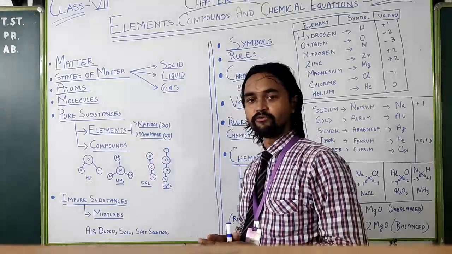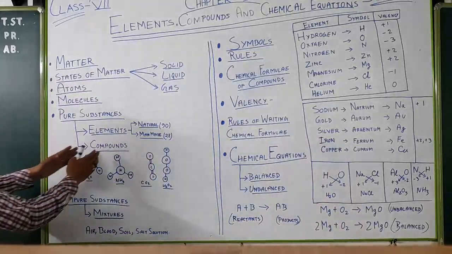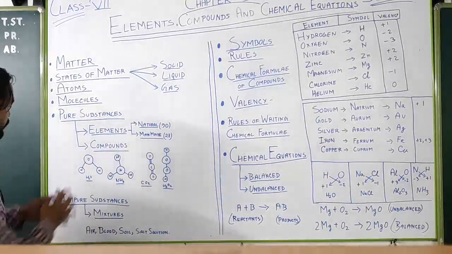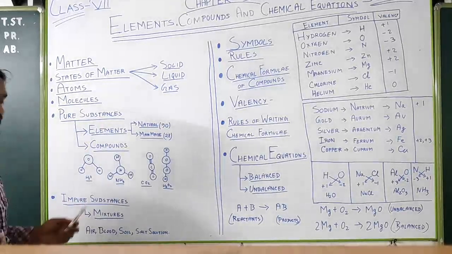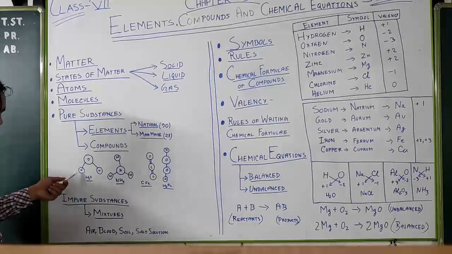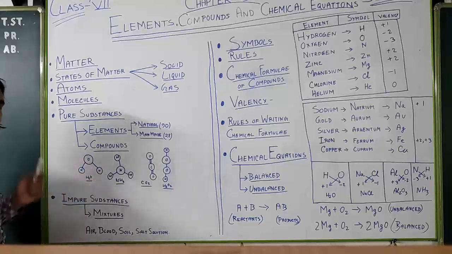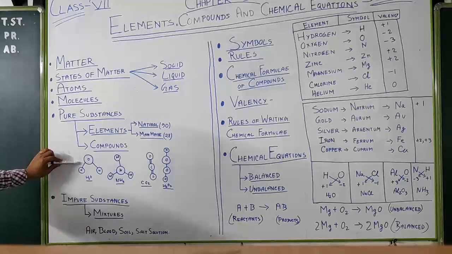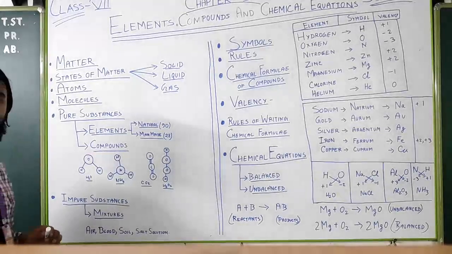Now, what are compounds? Compounds are those substances which are made up of different elements. For example, we can see H2O. This is a single molecule of water. This molecule contains two hydrogen atoms and one oxygen atom.